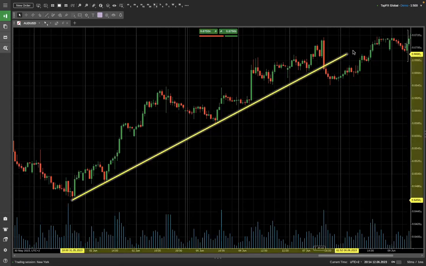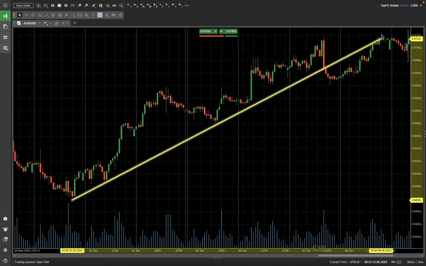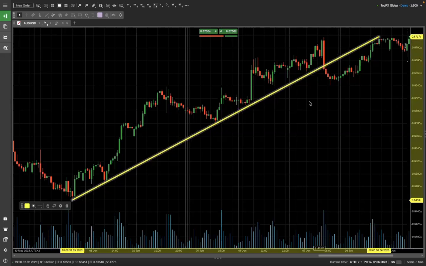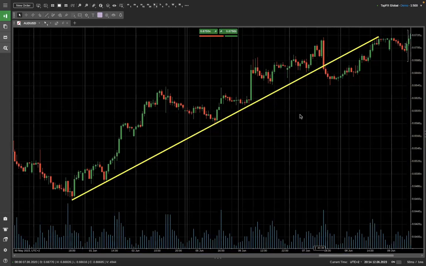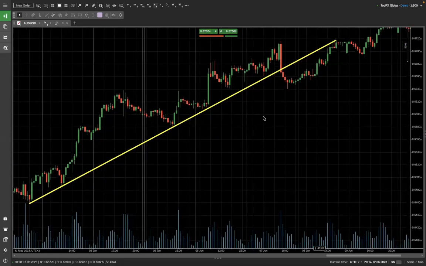possibly starts to weaken. If you take a look here, there is a very often witnessed situation on the forex market.